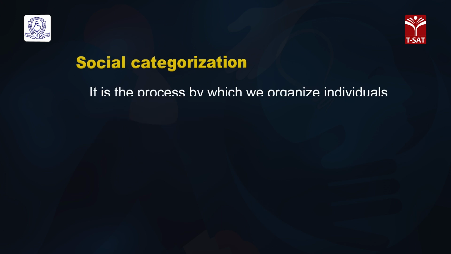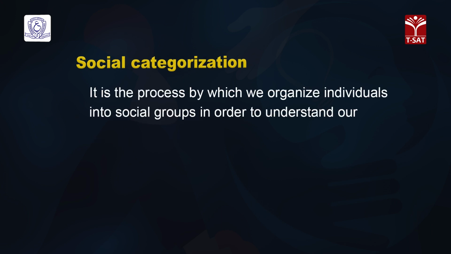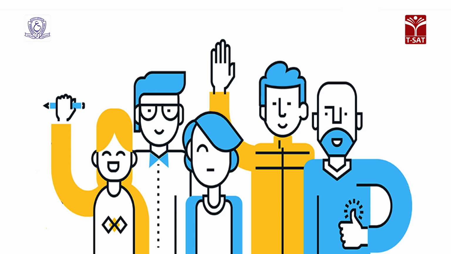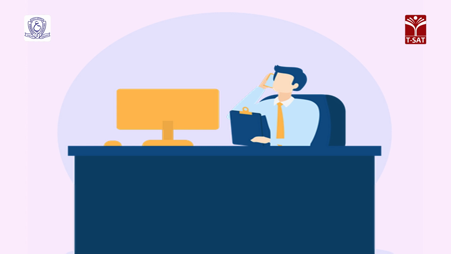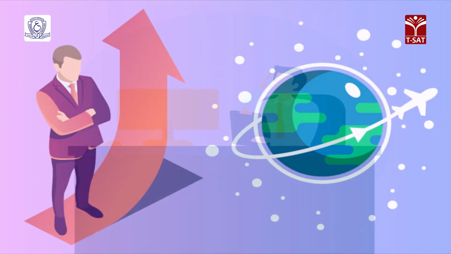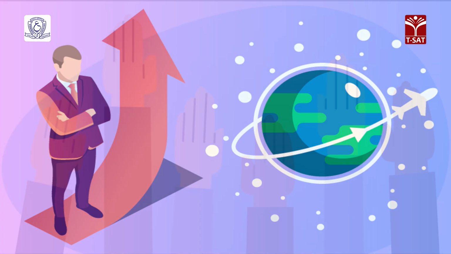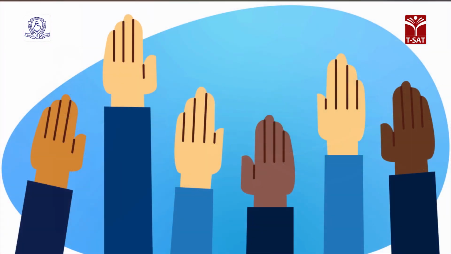It is a process by which we recognize individuals into social groups in order to understand our social world. This enables us to define people on the basis of the groups to which an individual belongs. It is based on the social categories more than the individual characteristics.